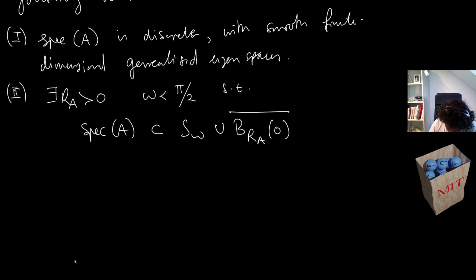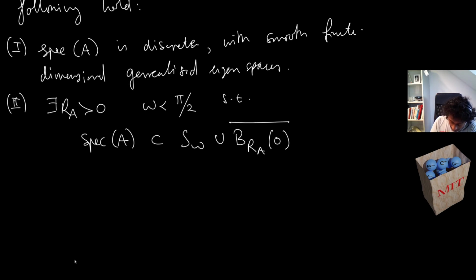Okay, so the second point is that we have some radius and some omega such that the spectrum is contained in this closed bisector union some ball of radius around 0. So its spectrum is contained in the bisector with an error term of being a ball.